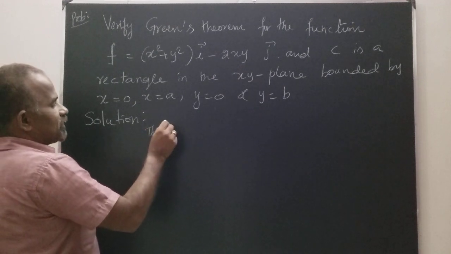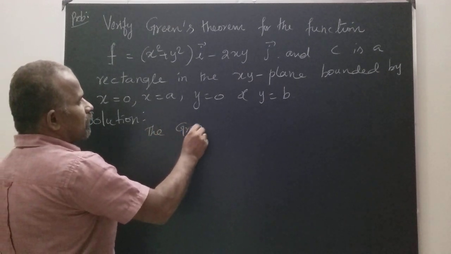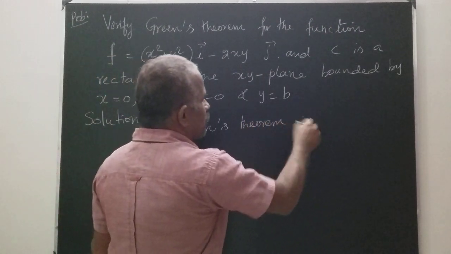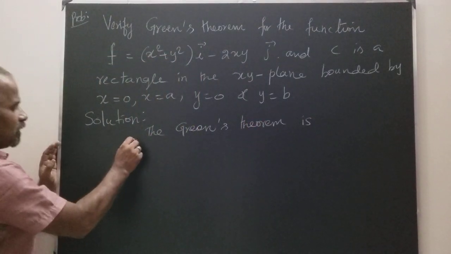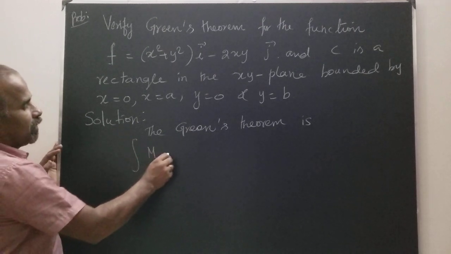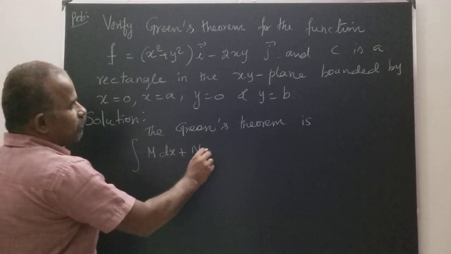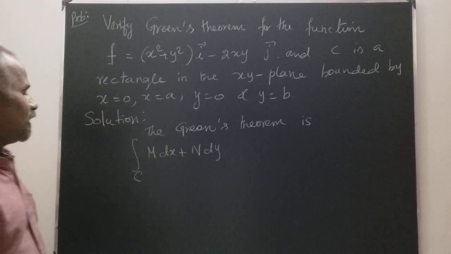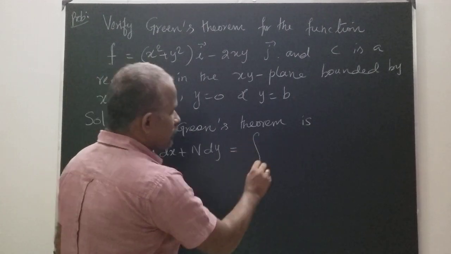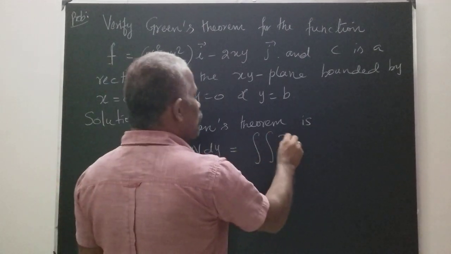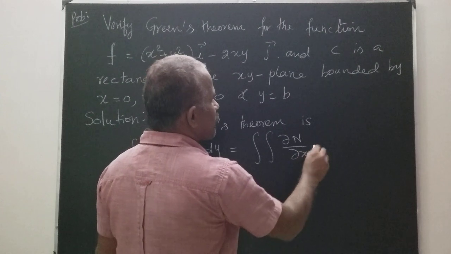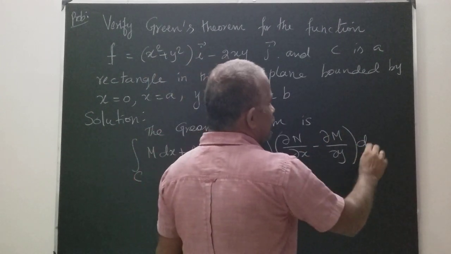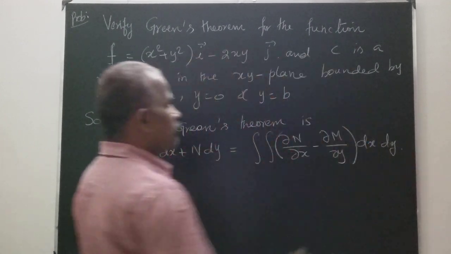Green's theorem is: integral of m dx plus n dy over the rectangle C is equal to the double integral of (dou n by dou x minus dou m by dou y) dx dy.